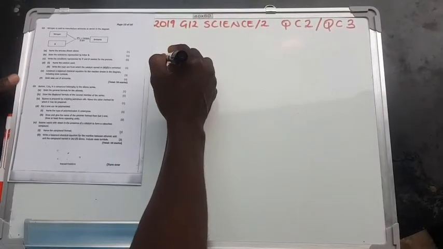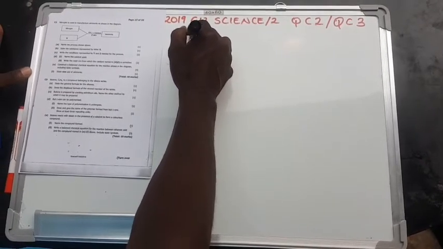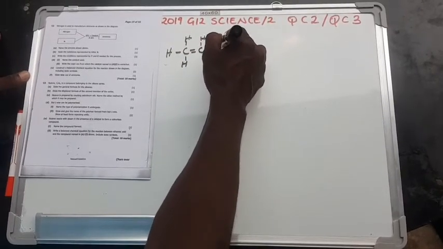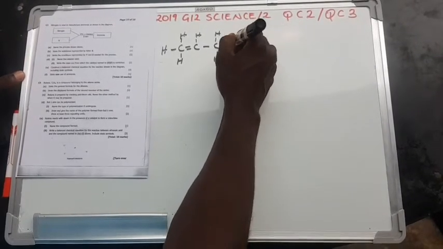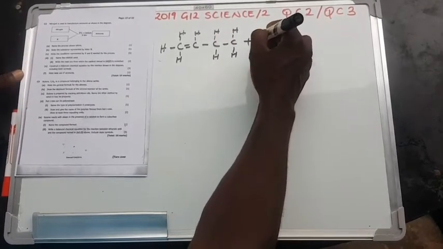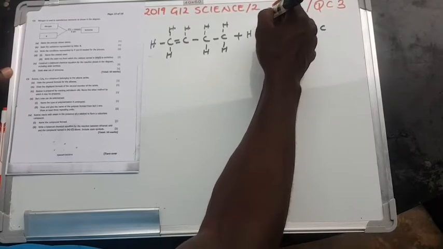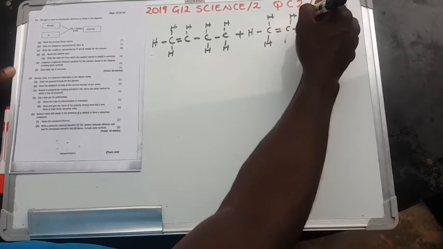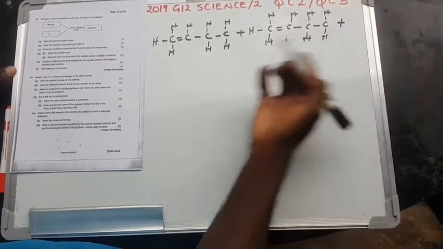So we have butene-1, plus another one, plus another one.